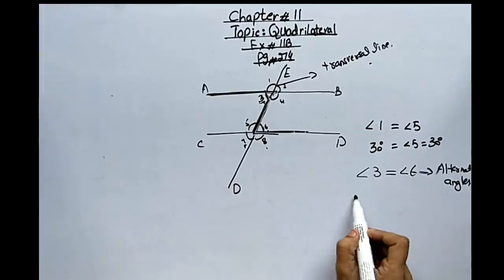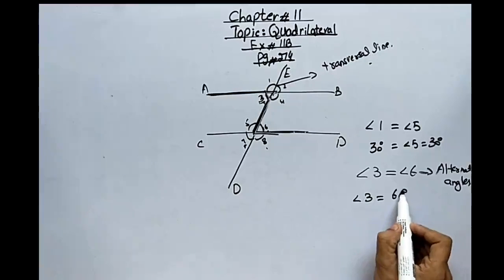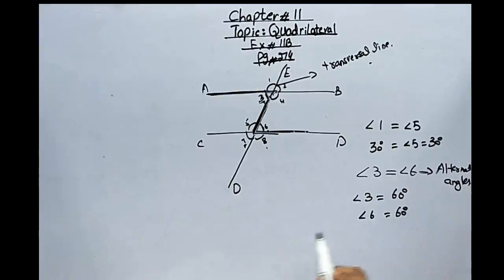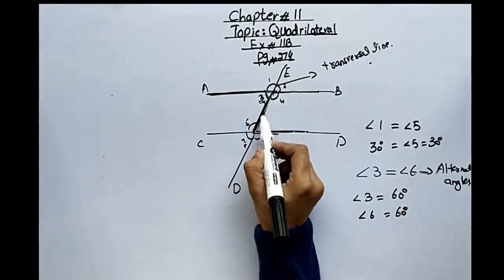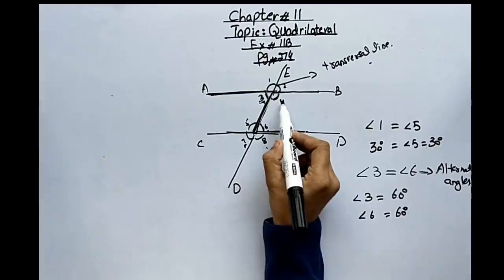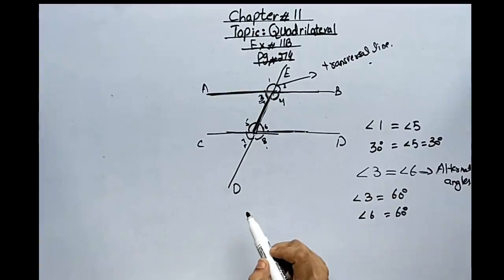Let's suppose angle 3 is equal to 60 degrees, then angle 6 must be equal to 60 degrees. And you can make a Z pattern here too. If you make the Z pattern here, then angle 4 and angle 5 are alternate to each other. Got it, beta?